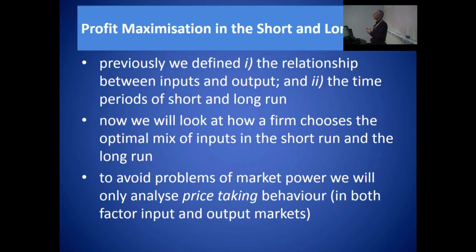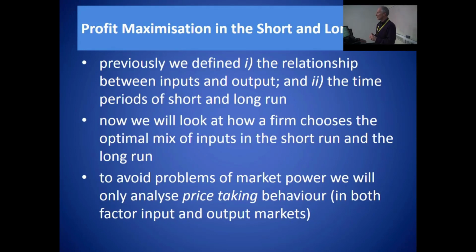We mean a firm can produce as much output as it wants, and this does not affect the market price. So its actions don't affect the market price in the output market, and they don't affect the input price in the factor input market. So we're always looking at the case of price-taking behaviour.